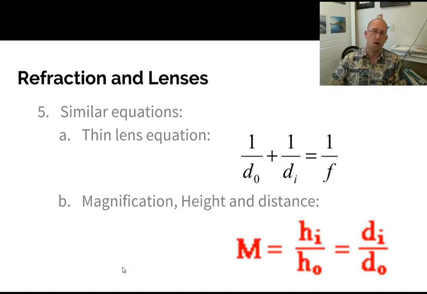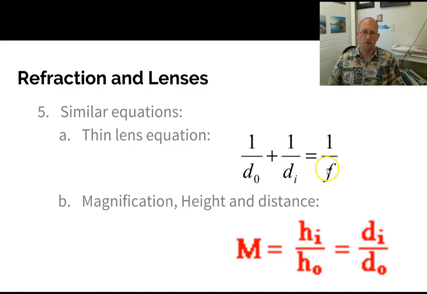All right, we had equations for calculating the distance of an object and the distance of its image with a mirror. And now we need to take into account the slight difference that a lens has, but it's the same idea. For a lens, the inverses of the distance from the object and the distance to the image are the two things that you add up to get the inverse of the focal distance.